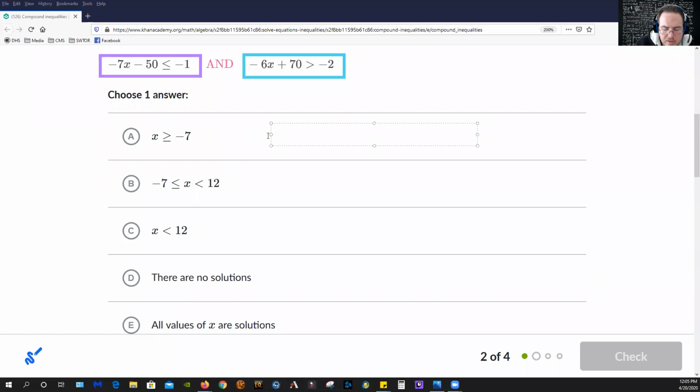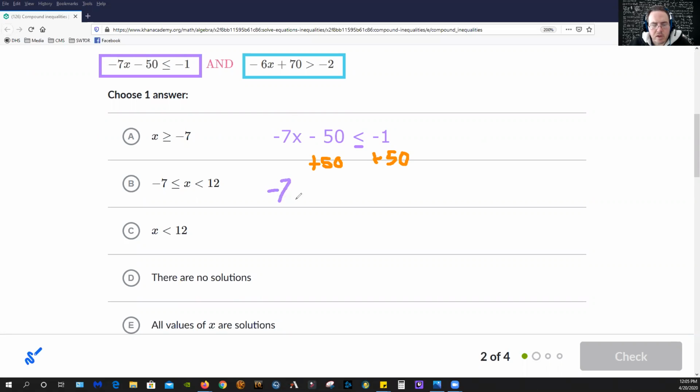So negative 7x minus 50 is less than or equal to negative 1. Well, if I was to add 50 to both sides, I would quickly get this negative 7x.